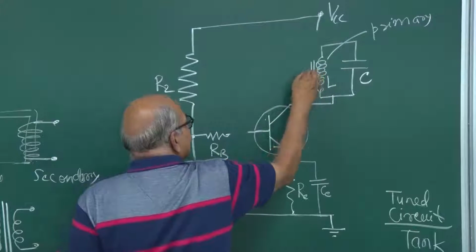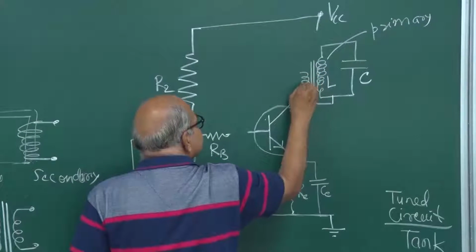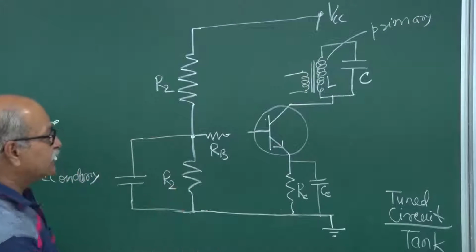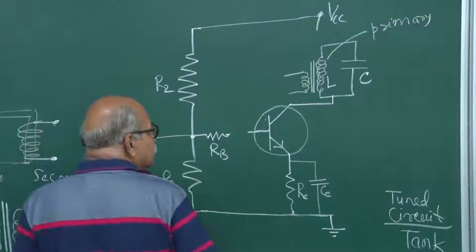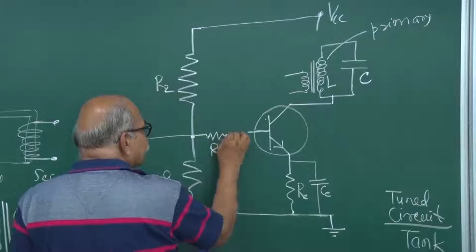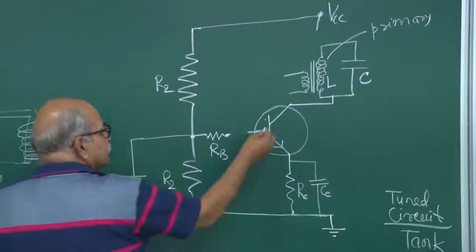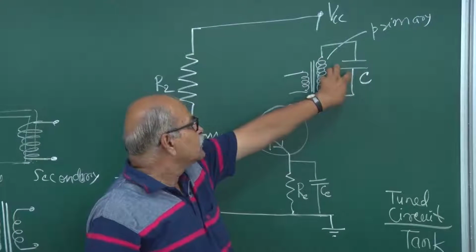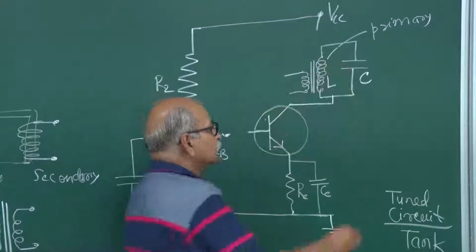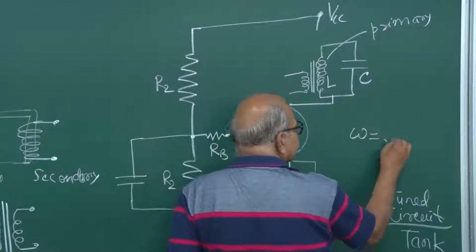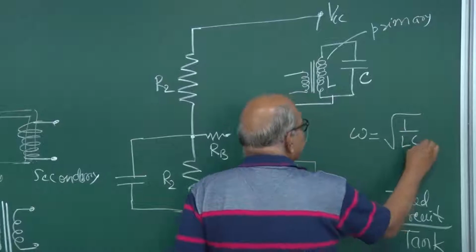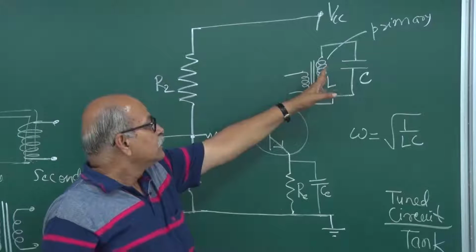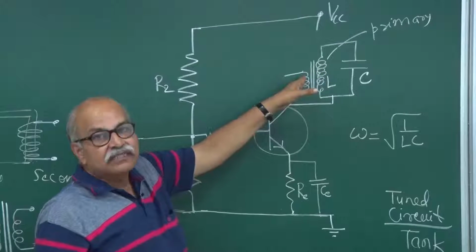And then you have secondary, and the number of turns you can decide, and also the way these windings are done. And this you can collect in this base circuit. So the tuned circuit is there. It will oscillate at a particular frequency, resonance at this particular frequency, and then whatever voltage is generated is coupled to this second coil.